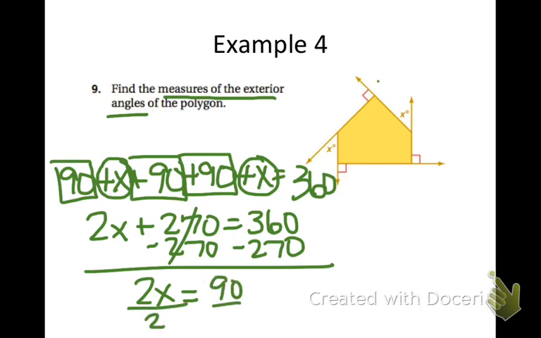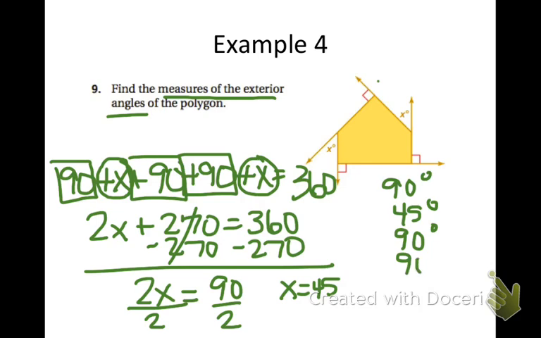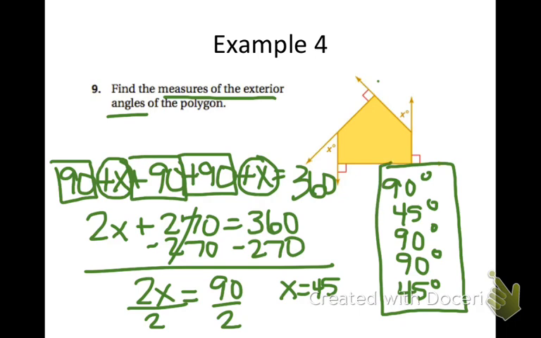Last step, divide by 2, and we find that x is equal to 45. Great, we found x. Now we have to list all angle measures. So we have our 90 degrees, we have a 45 degrees, 2 more 90 degrees, and 1 45 degrees. And so this becomes our total answer. Okay, don't just stop at solving for x. Finish the problem.